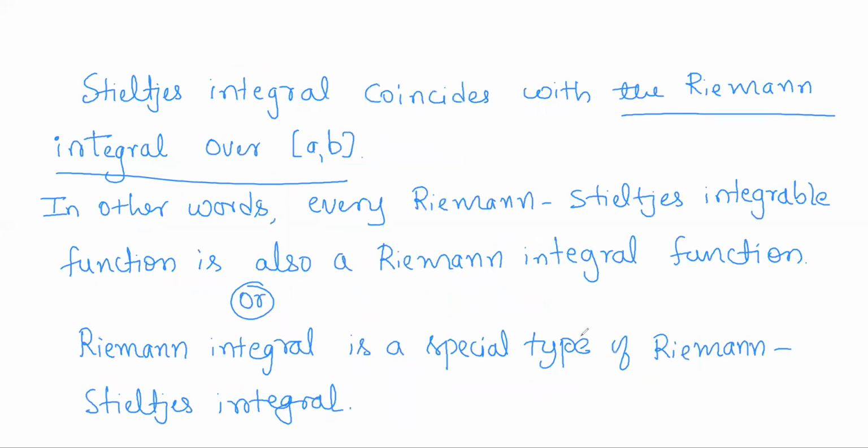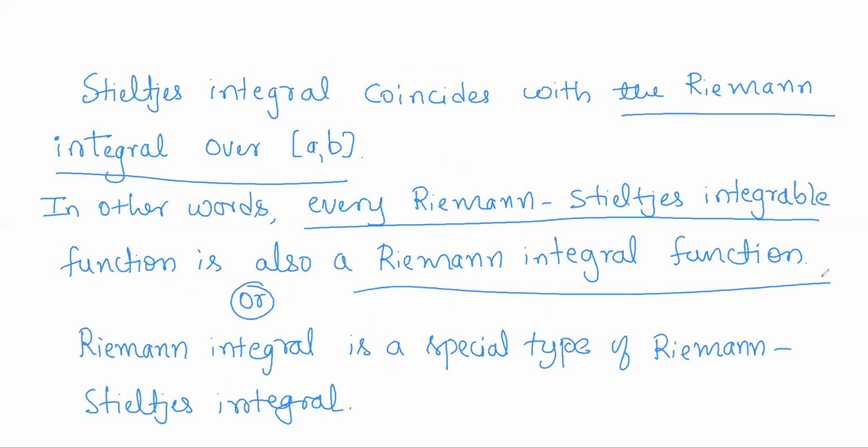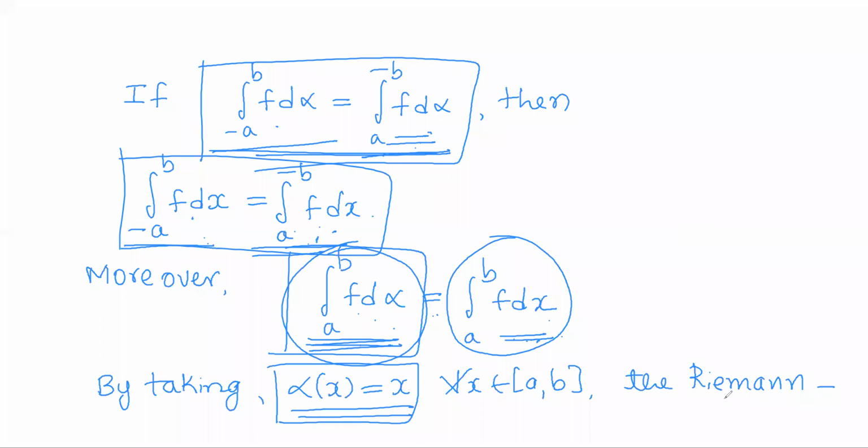So in other words, I can say every Riemann Stieltjes integrable function is also a Riemann integrable function. Because I assumed that f is Riemann Stieltjes integrable, that is, the lower Riemann Stieltjes integral is equal to the upper Riemann Stieltjes integral.